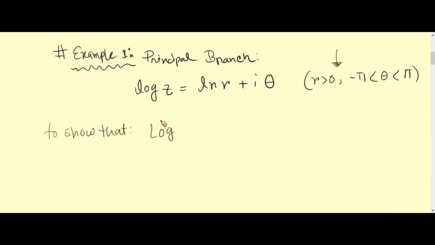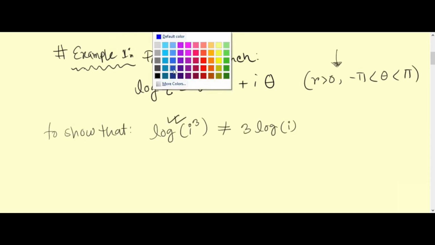log i cube is not equal to 3 log i. And let me show you how this can be done. So let's start from this guy, the left hand side guy. So let me just use another color.